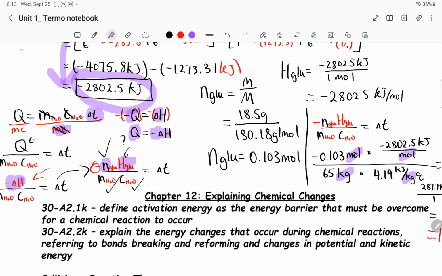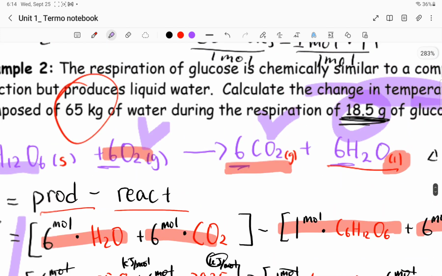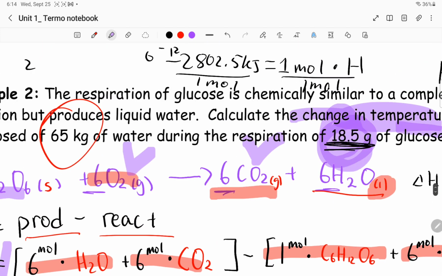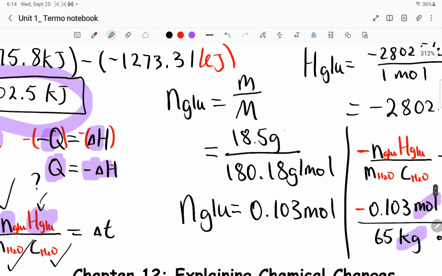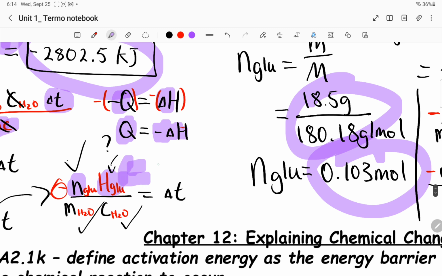To calculate the moles, that's not hard, right? That's just mass over molar mass. The mass of the glucose was given to us in the question, 18.5. So we just use that divided by our molar mass, 0.103. The harder part might be the molar enthalpy of respiration for the glucose.